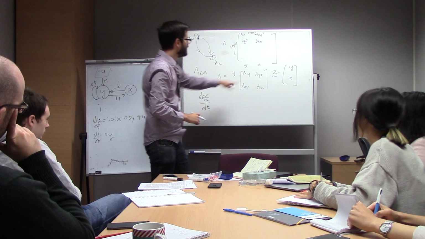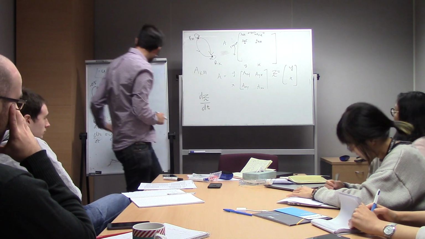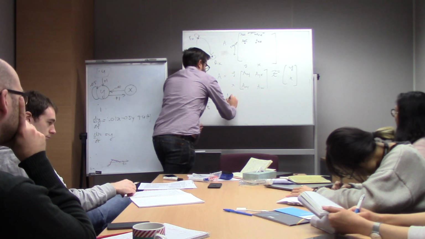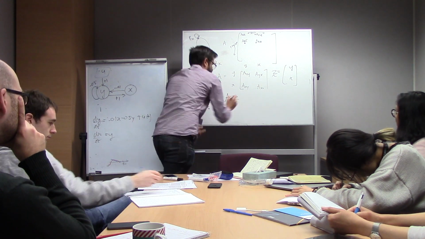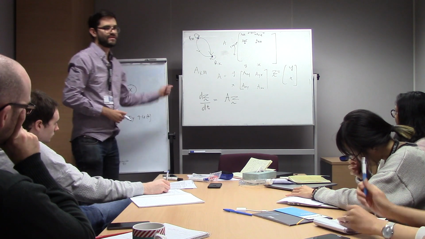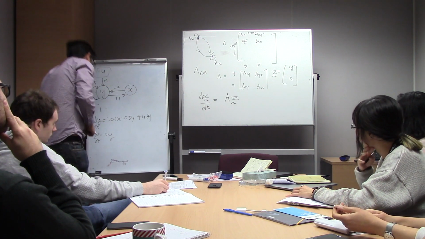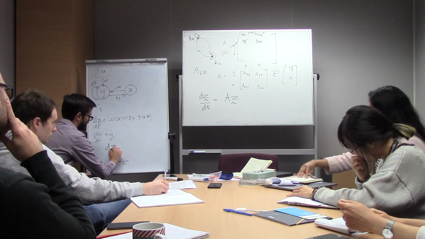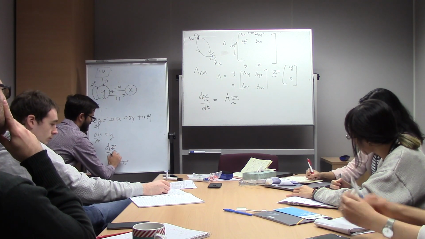I take the derivative of both terms to make it dt on each of these, equals A times z, that's what we have now. So think about that for a second.